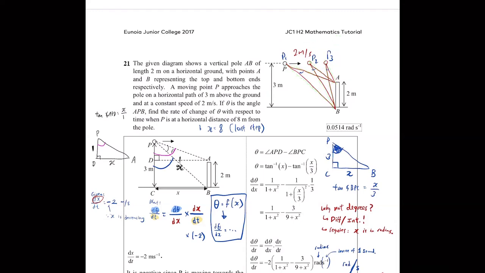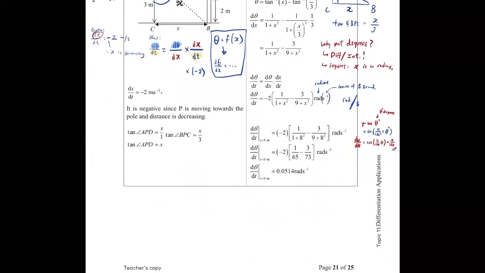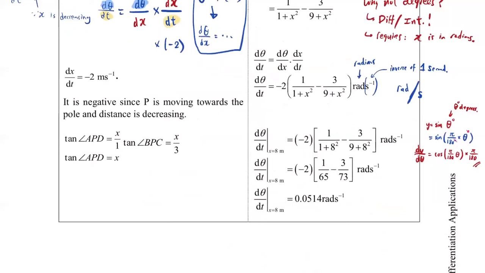Decreasing, right? So how come the answer here is positive? Shouldn't it be negative? Was there a mistake in the calculation? I suspect there's something wrong with the calculation. Did they miss out a negative sign? Let me take out my calculator and check. Because intuitively, I would think it should be negative.